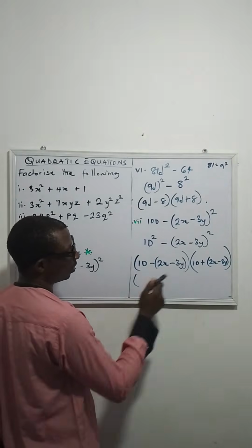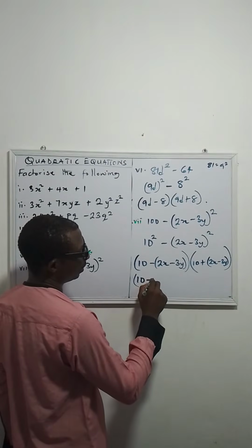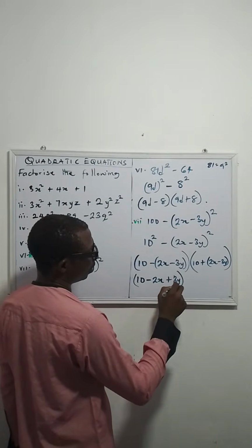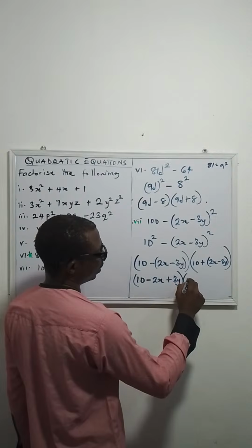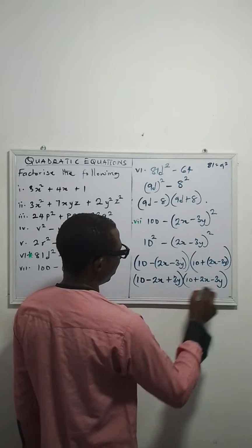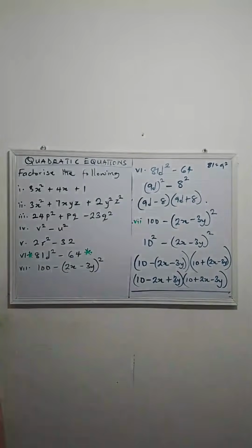So what we have in the bracket turns to 10 minus 2x plus 3y. And here we have 10 plus 2x minus 3y. And this is the answer to this problem.